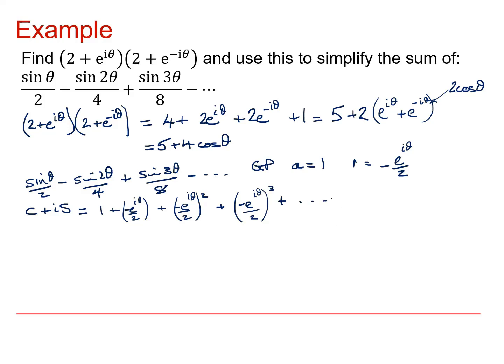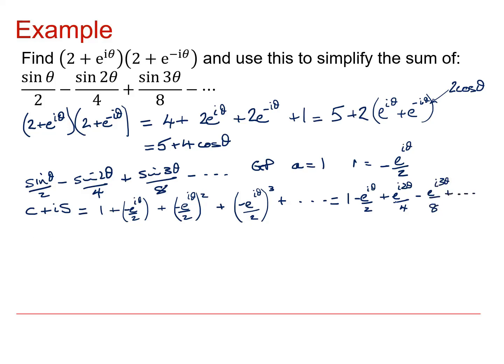And that gives me 1 minus e to the i theta over 2 plus e to the i 2 theta over 4 minus e to the i 3 theta over 8, etc.